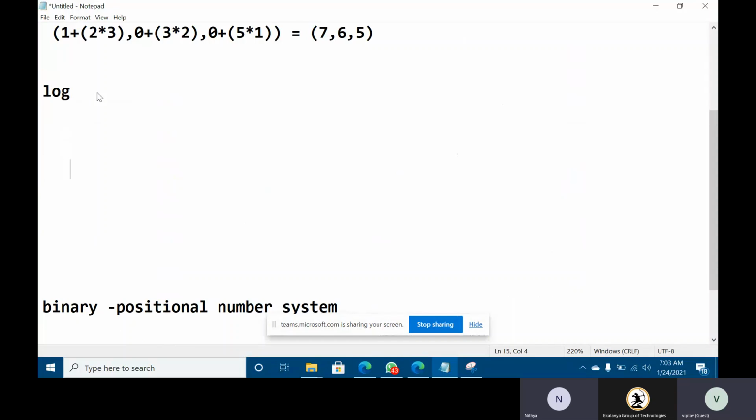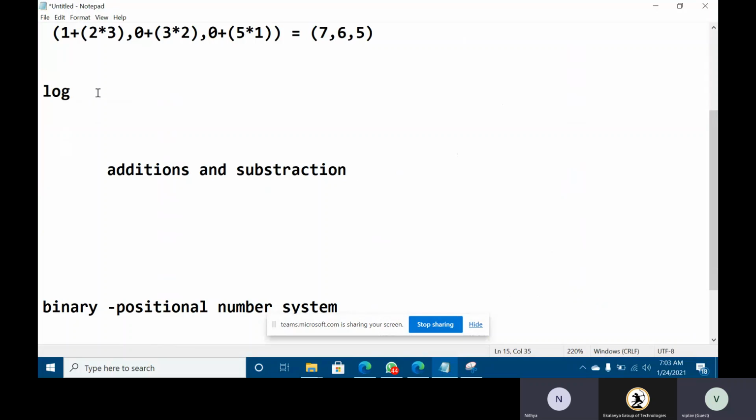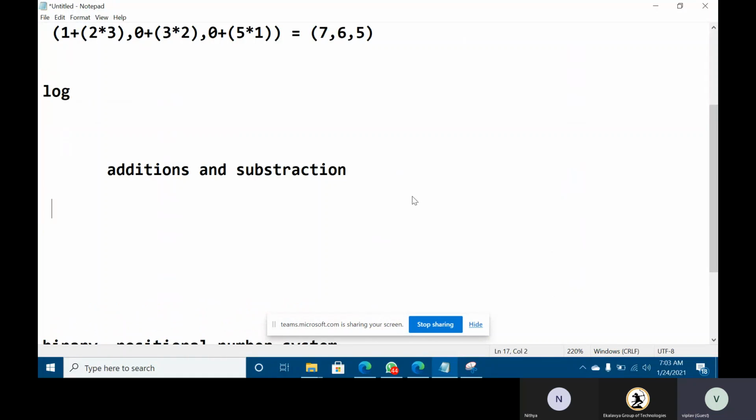First thing, addition and subtraction. So here in our processor, we have a block known as ALU, arithmetic logical unit.